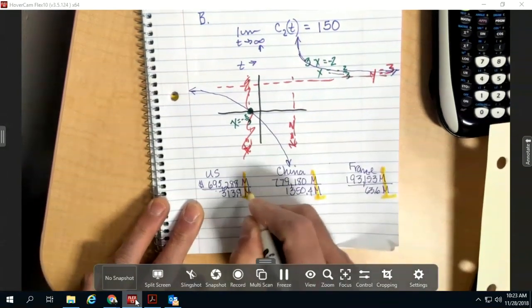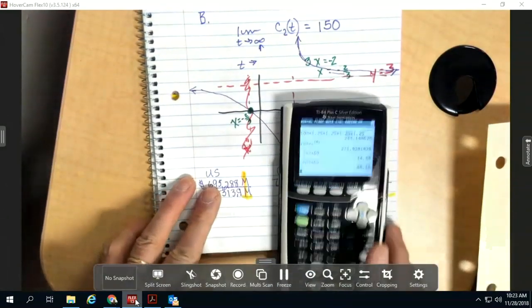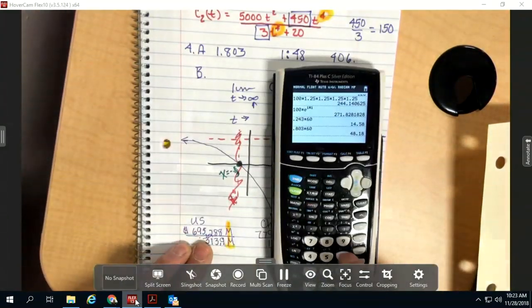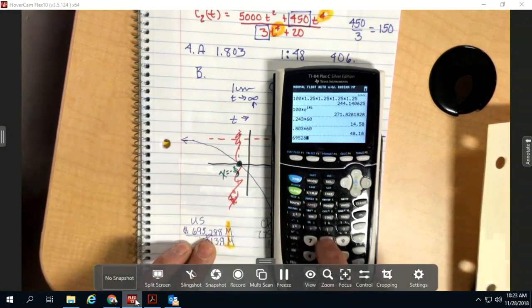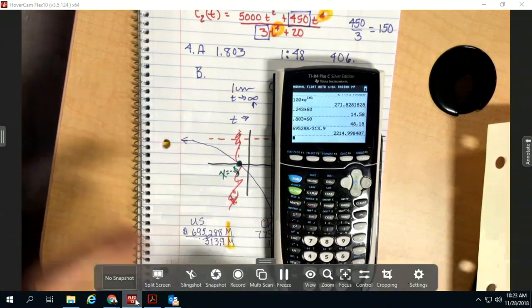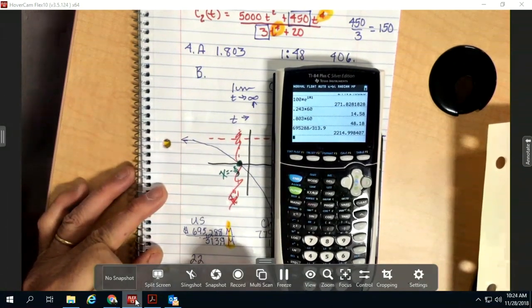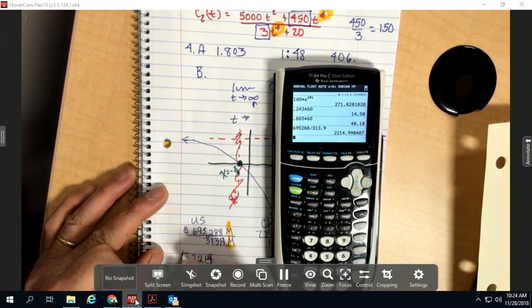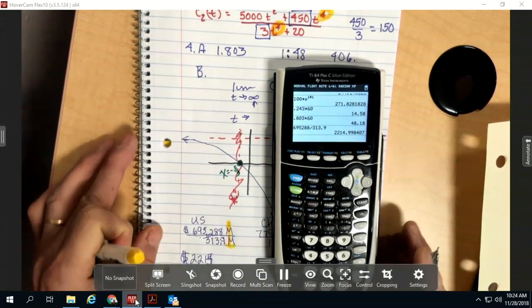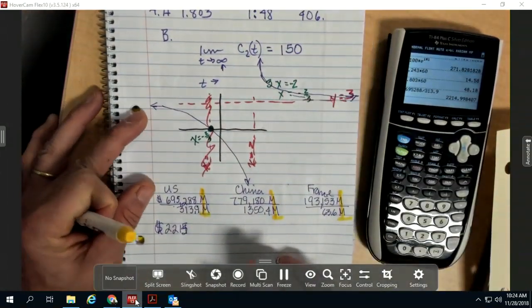Since that's true in every one of those cases, on our calculator for the US, we just need to press 695,288 divided by 313.9 and find that the US spends $2,215 on food per person per year. China, what'd you get for an answer?